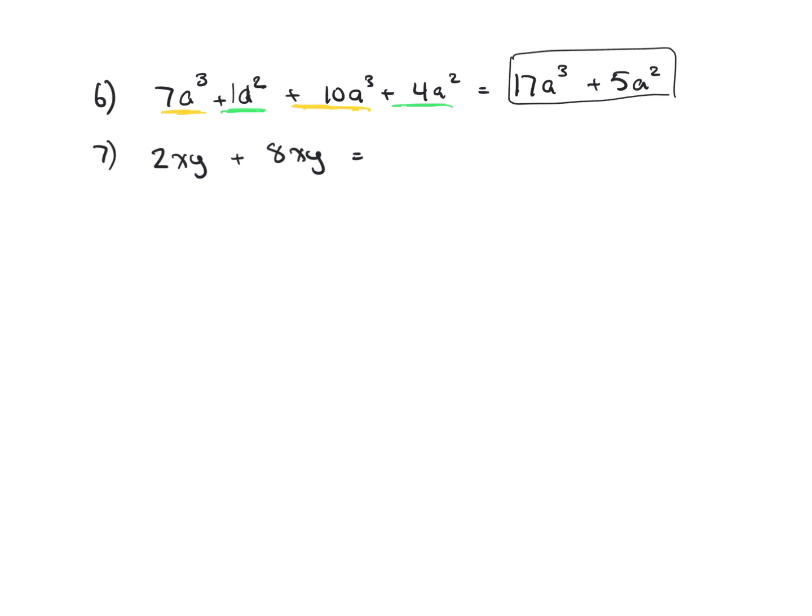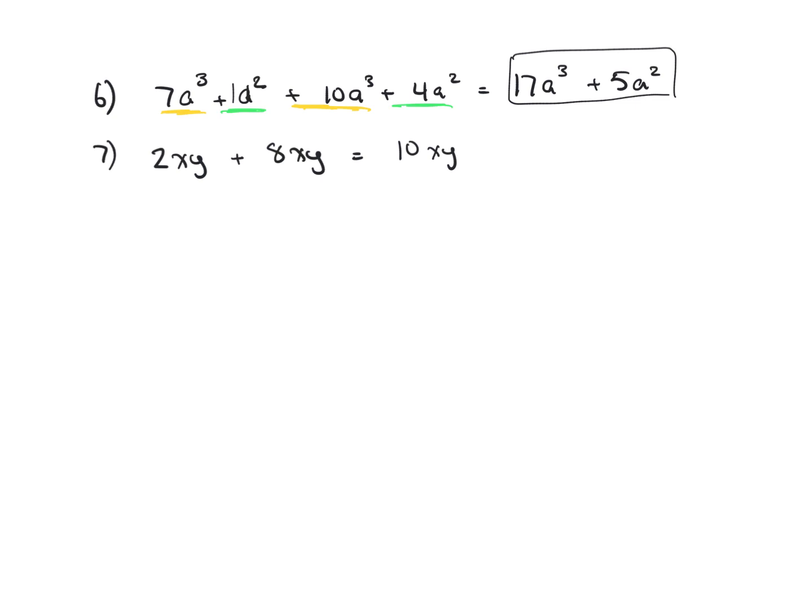So are they like terms? They are. They have the exact same variables with the exact same exponents. The exponents are 1. So they are like terms. We can combine them together by adding their coefficients. 2 plus 8 gives you 10. And then you have to copy down the variable part as well.